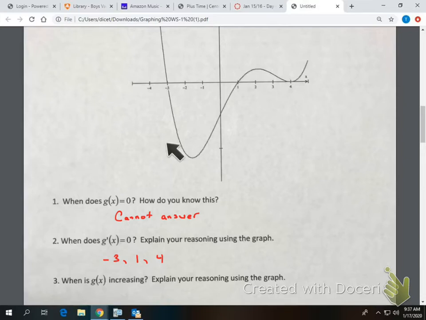So now, the next question says, when is g of x increasing? Look up here. This is g prime of x. This should be easy. g of x is increasing when g prime of x is positive. Where's it positive? From negative infinity to -3?